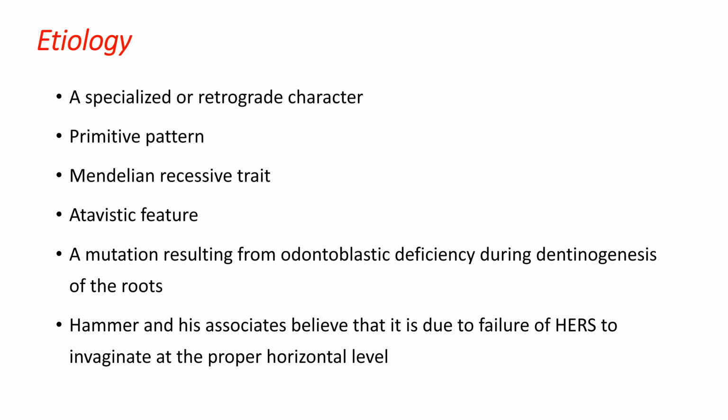It is an atavistic feature, that is, of ancestral origin, and there is a mutation resulting from odontoblastic deficiency during dentinogenesis of the roots. Hammer and his associates believe that it is due to failure of HERS, that is Hertwig's epithelial root sheath, to invaginate at the proper horizontal level.